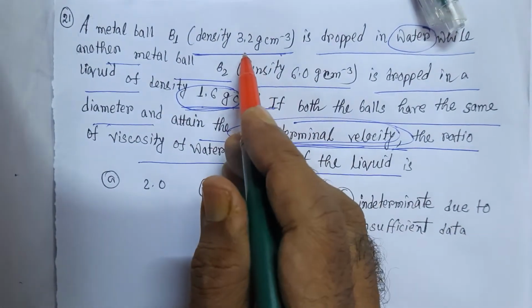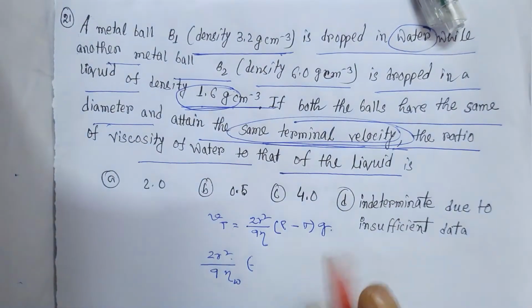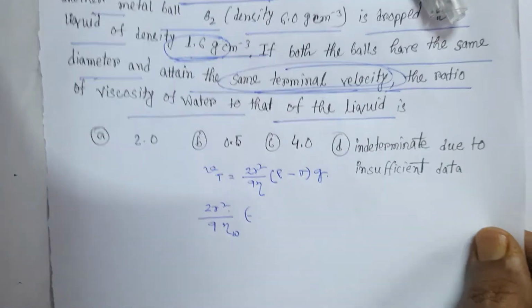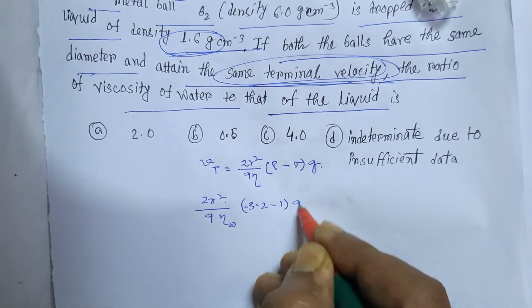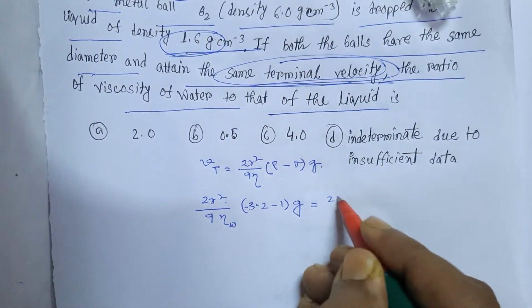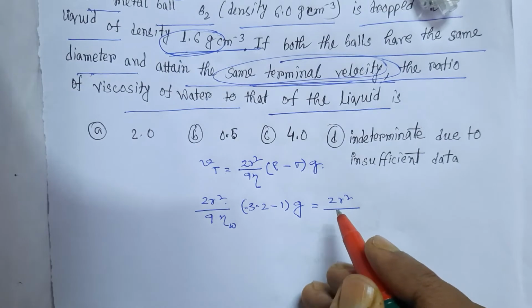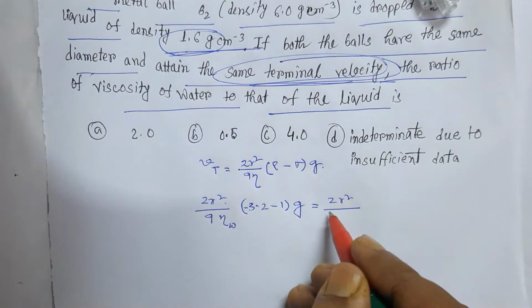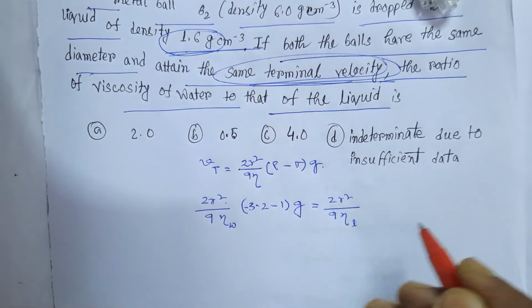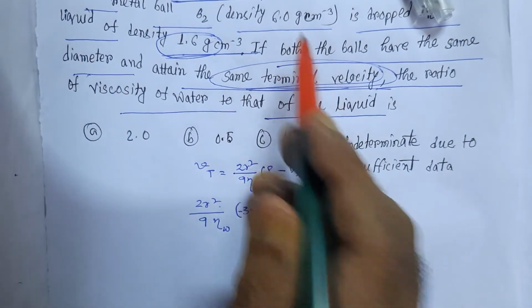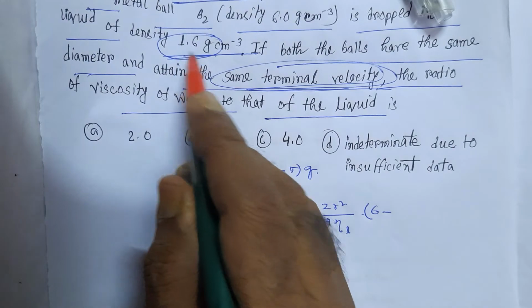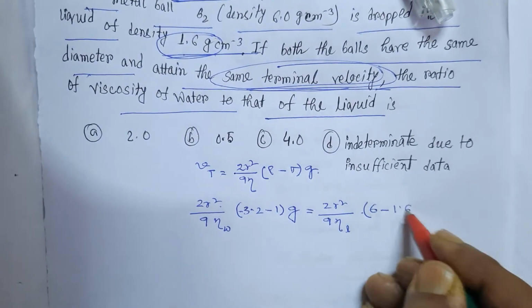Mind that rho of the ball is 3.2 and sigma is 1, that is the density of water, 3.2 minus 1 into g. And terminal velocity for the second one is 2r square by 9 into eta L of the liquid into density of the ball 6 minus density of the liquid 1.6 into g.